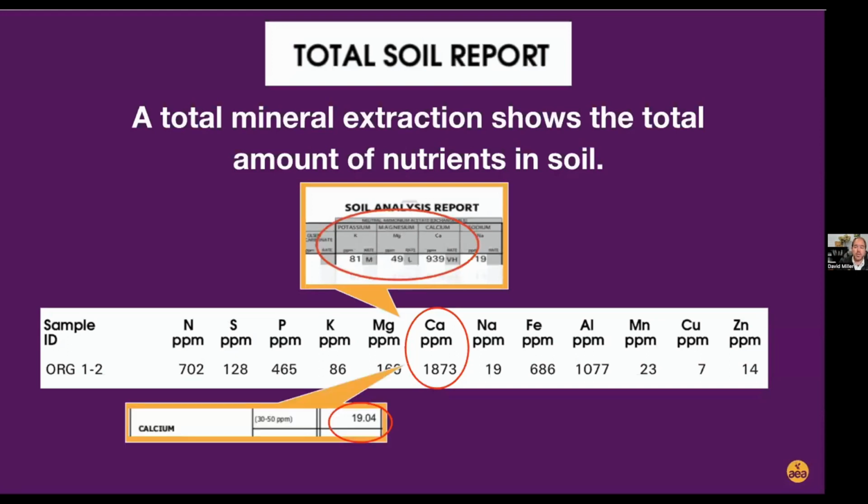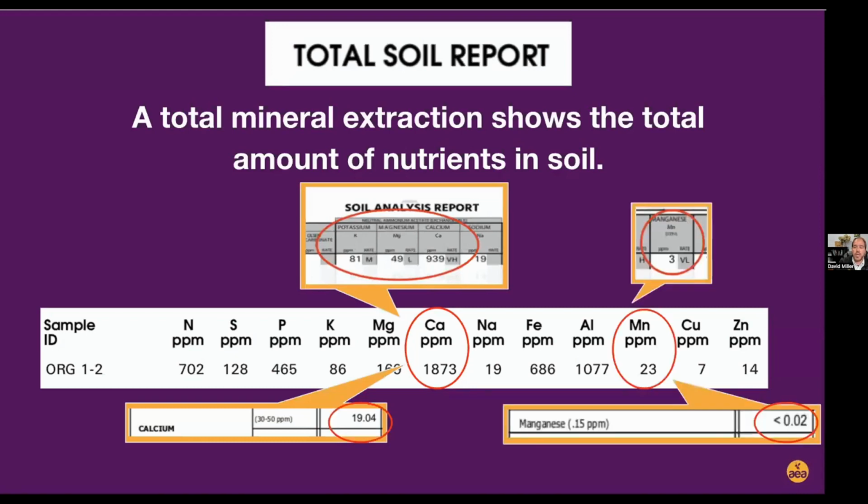Now, if we continue, you can see that we have the manganese. We have 23 parts per million in the total nutrient assay. So we had 3 on the regular soil analysis. We had 23 on the total analysis, and we have none detected. So we don't have any manganese available.